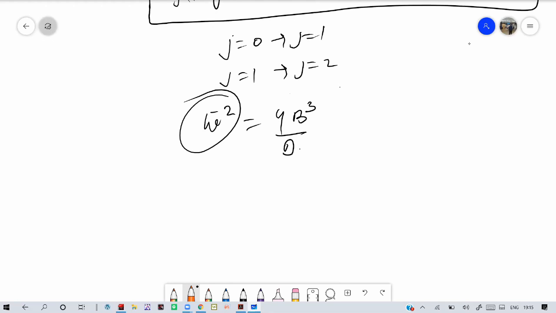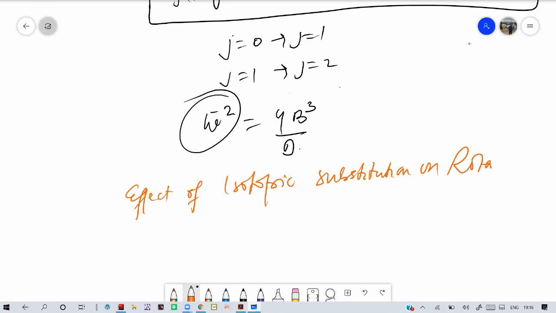There are other terms in this. I will not go into that detail, but just to inform you that there is an important concept which often comes in exams, in NET exams and all those, that is the effect of isotopic substitution on rotational spectra.